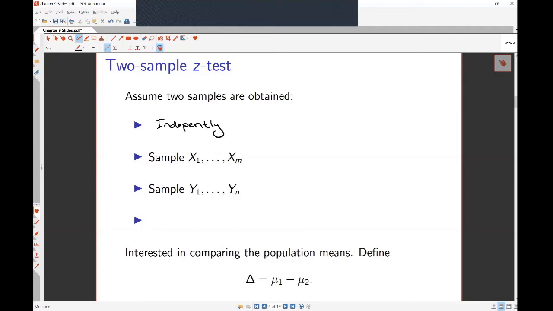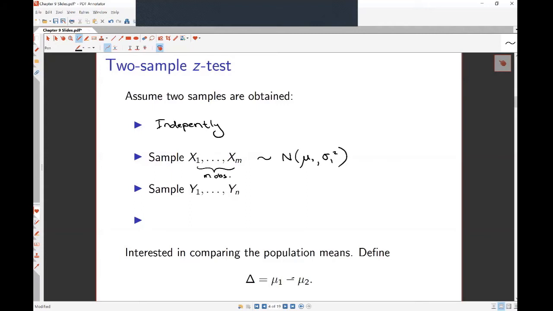So we're going to have a sample, say x1 through xm, so m different observations, and each of these is drawn from a normal population with a mean of mu1 and a variance of sigma 1 squared.